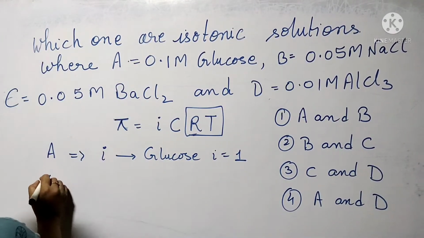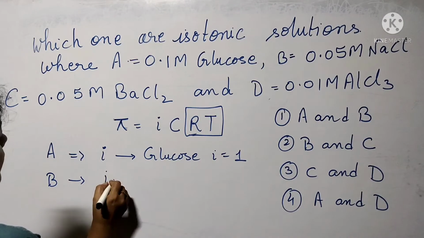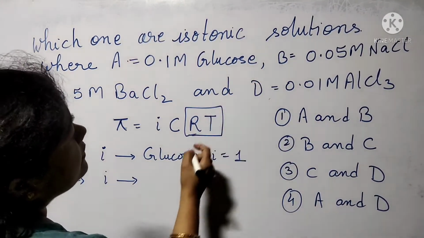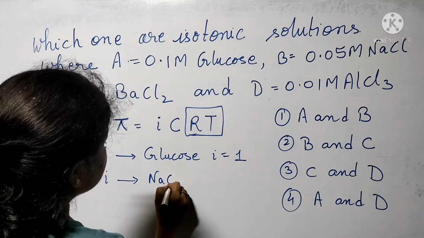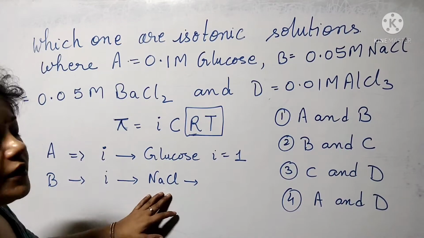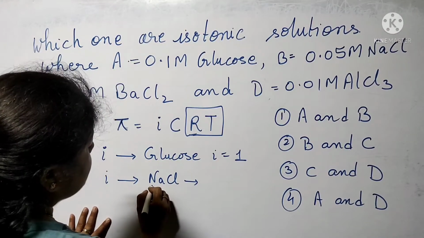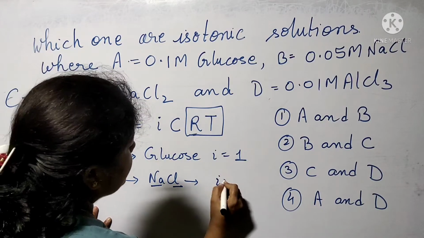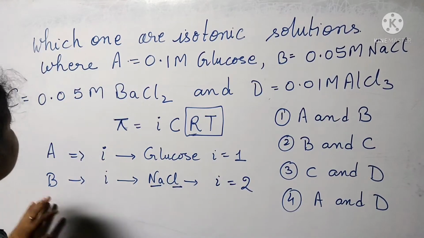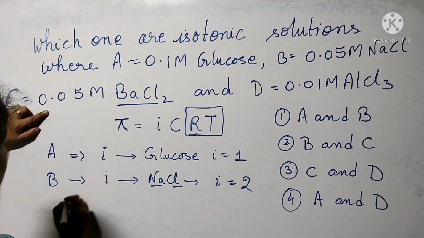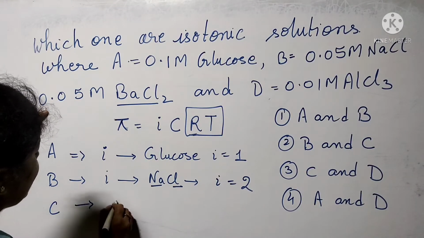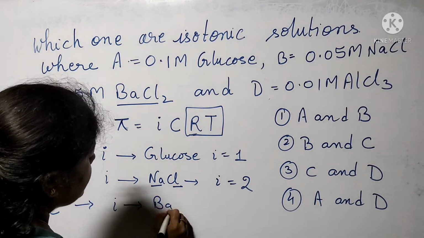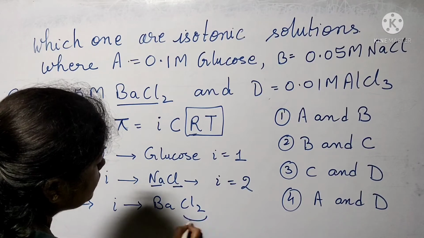Now for B, we have NaCl. That means when we dissociate it, it changes into 2 ions, this one and this one. So the value of i is equal to 2. Similarly, barium chloride, that is C: here 2 chloride ions, here 1 barium.